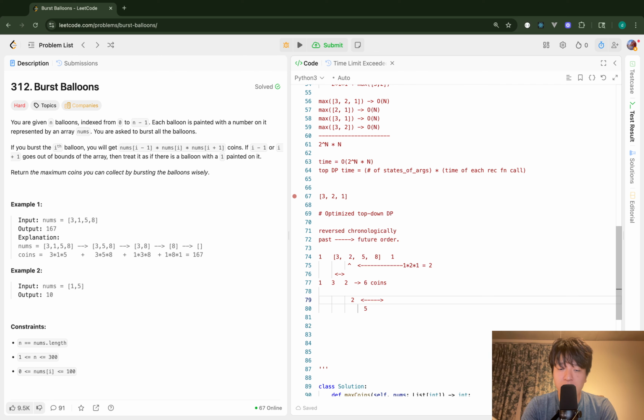So I can earn 2 times 5 times 1, which is 10 coins, because 2 is still remaining, because 2 is the last balloon to be bursted, and here 8 is deleted before 5, because it hasn't been deleted yet.